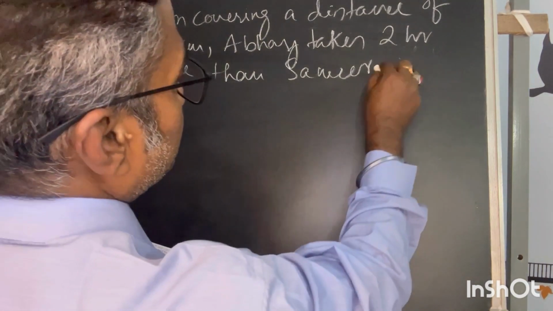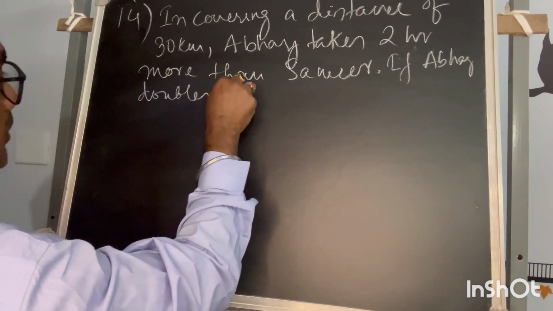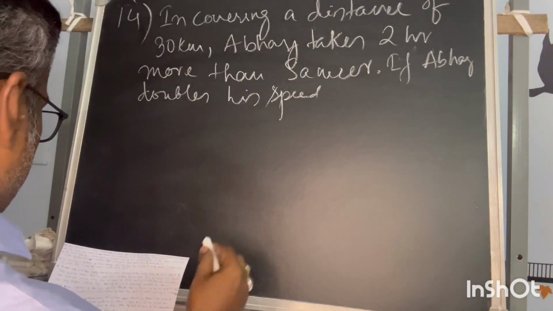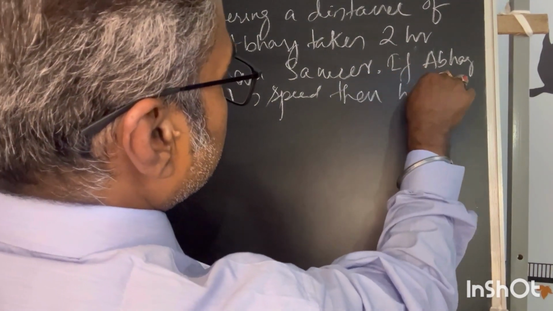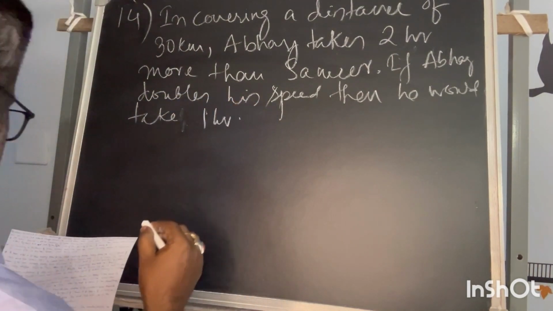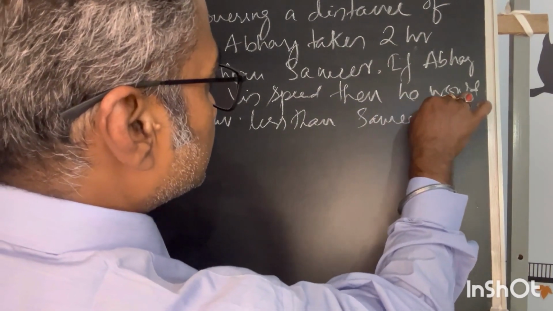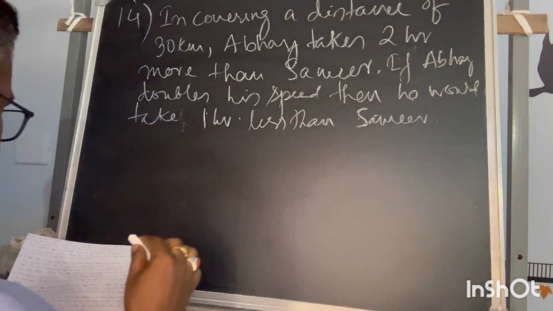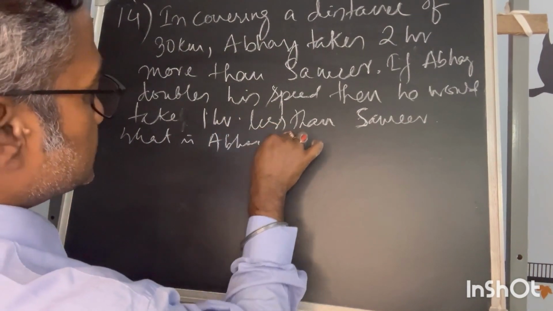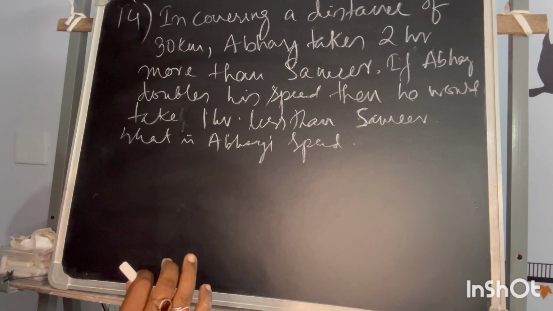If Abhay doubles his speed, then he would take 1 hour less than Samir. What is Abhay's speed?